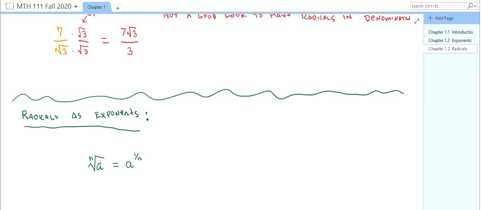Why does that work? Well, think about it this way. Suppose I have the square root of 4, and I'm saying this equals 4 to the 1/2, or 2.